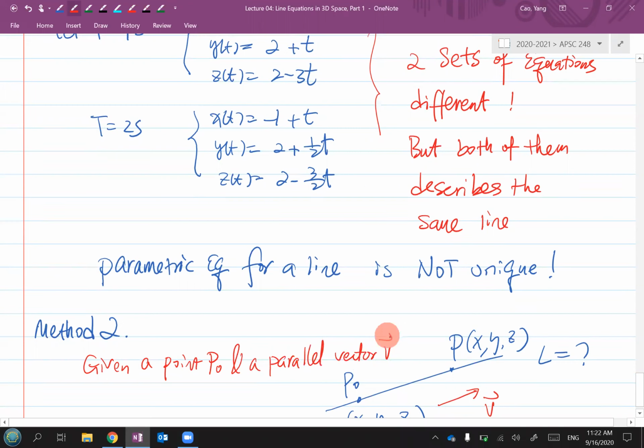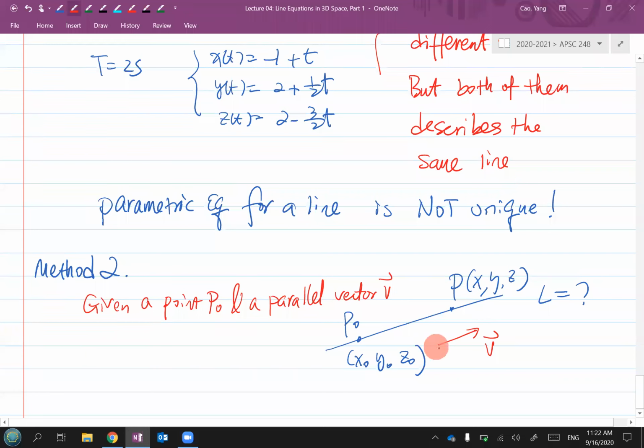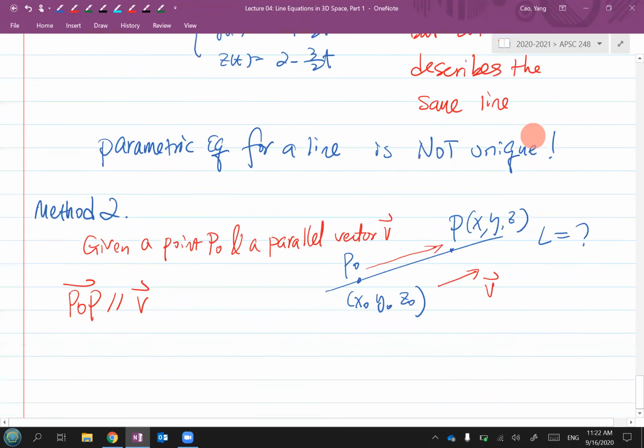Now, if V is parallel to L, I can create a vector from P naught to P. That means P naught P will also be parallel to the V vector. And when you have two vectors parallel to each other, mathematically it means the two vectors only differ by a scale.